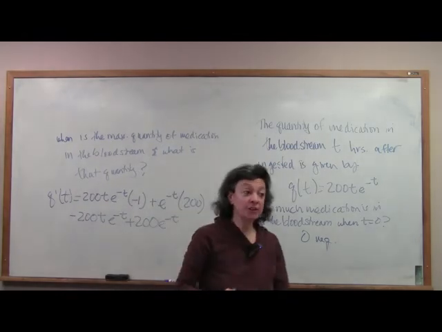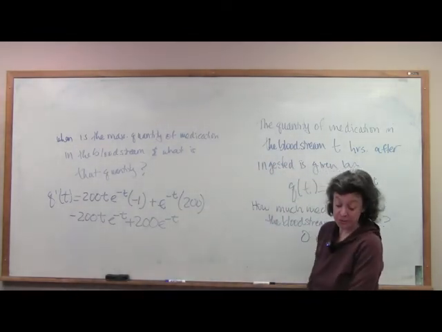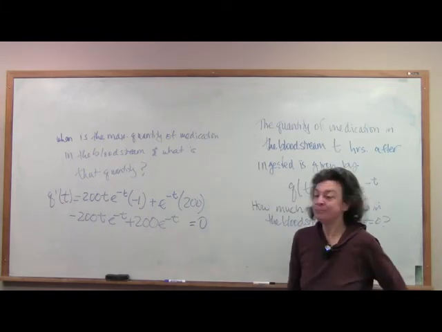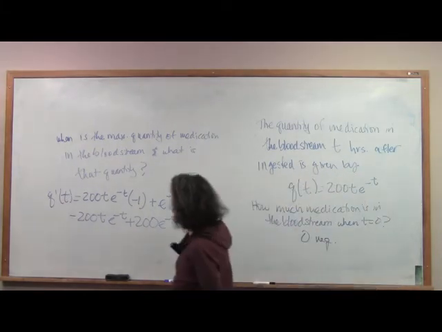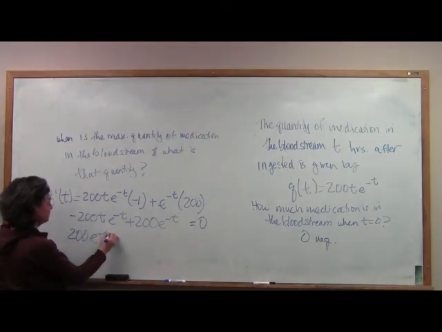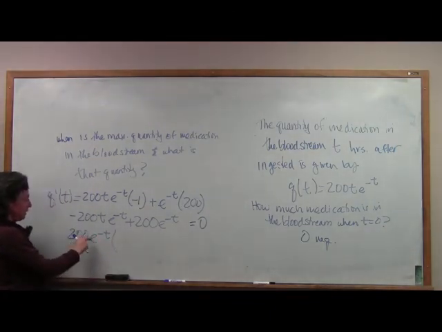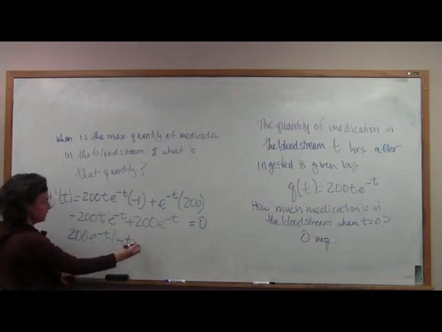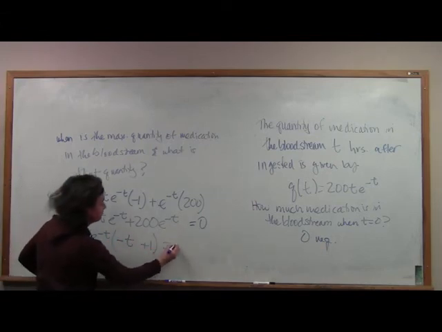And how do we find our critical points? What we do is we set it equal to 0. Well, we can factor out a 200 e to the negative T. And what am I left with here? Well, I'm left with negative T plus 1.